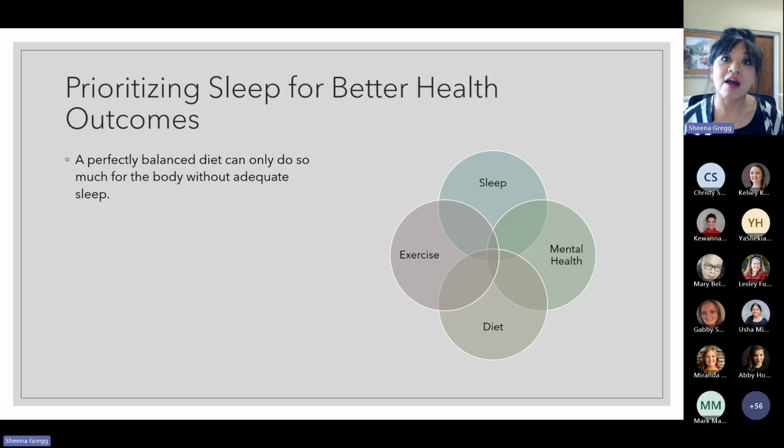There's a very symbiotic relationship between sleep, nutrition, and exercise. So just think about it. Poor sleep is going to lead to poor eating habits. And then, poor diet may negatively impact your motivation to work out. When we're sleep deprived, do we have the motivation to go work out before or after work?